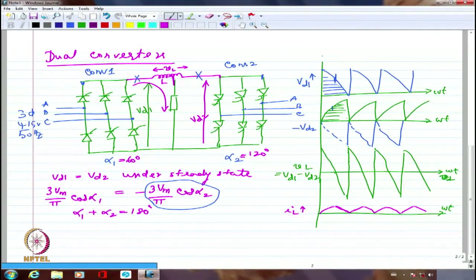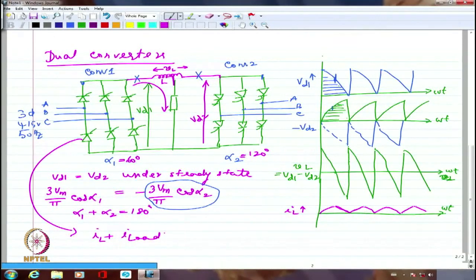So the steady load current will not contribute towards really storing energy in the inductance. So if I look at the rectifier side current, that is converter 1 current, this will consist of IL plus I load.